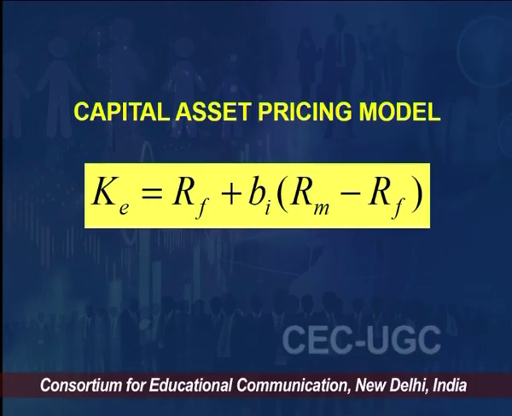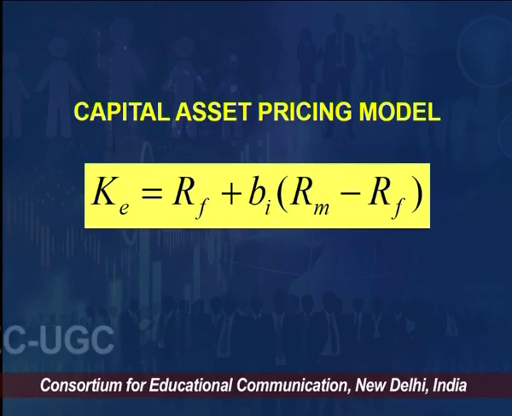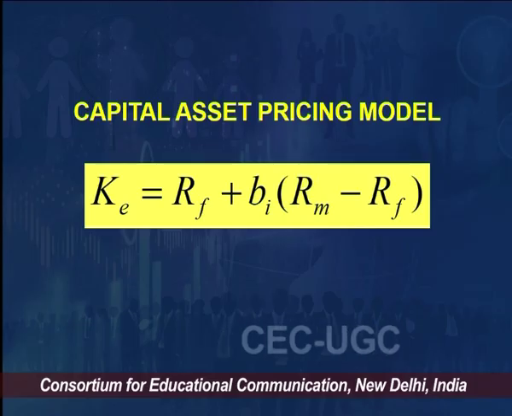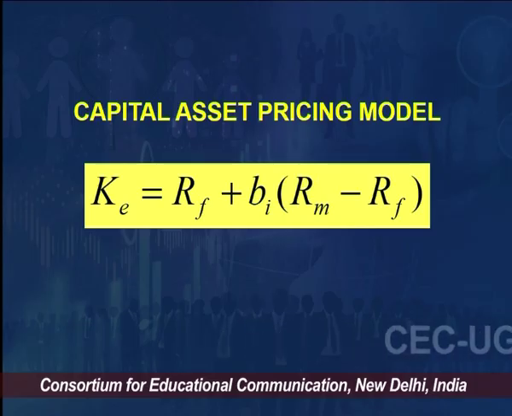Beta is multiplied by the difference of RM, the return on the market portfolio, and RF, the return on the risk free asset. That product is added up to the risk free return. I will explain everything.